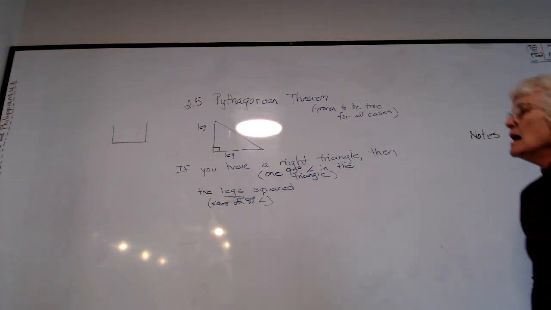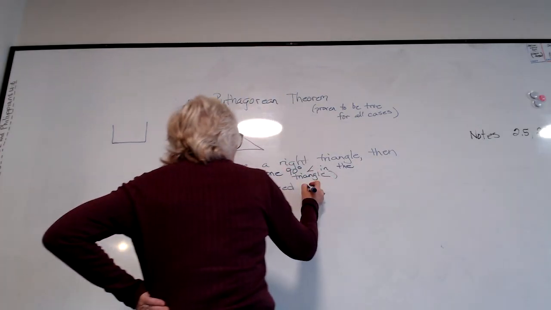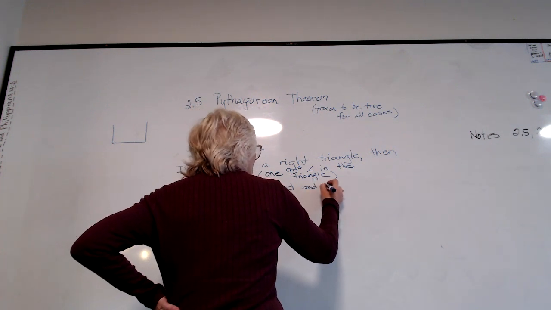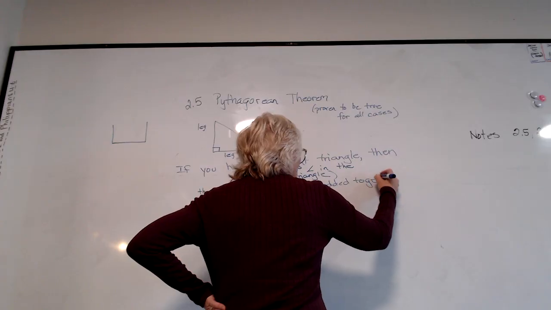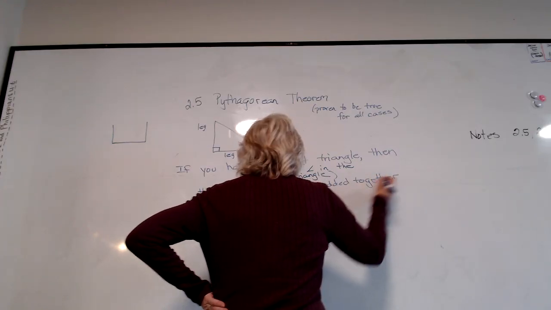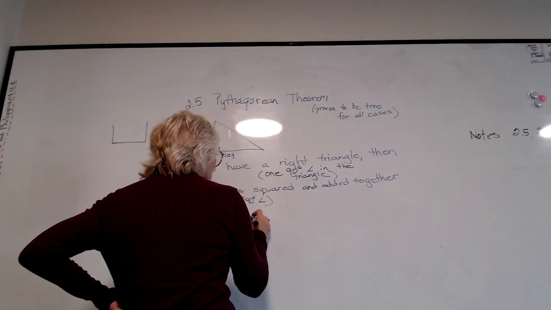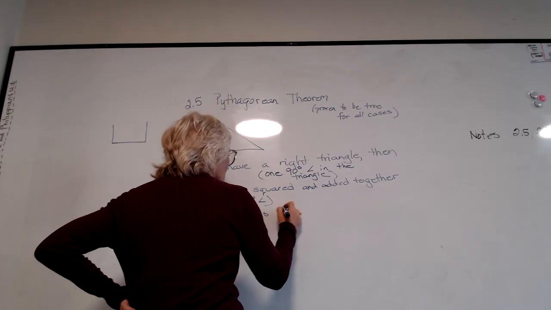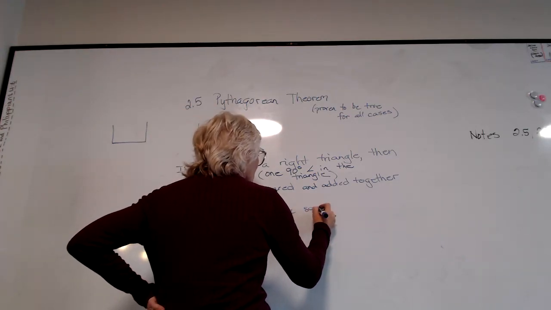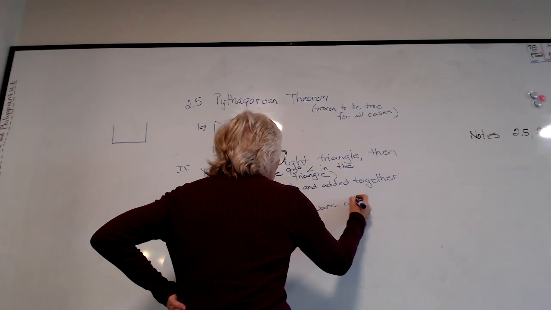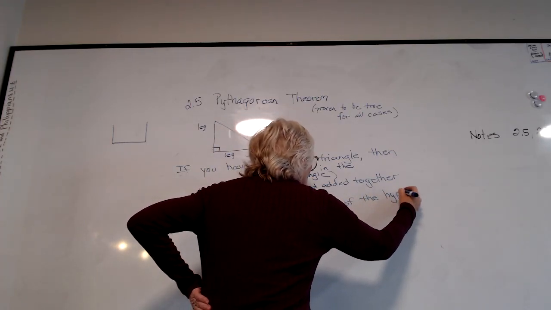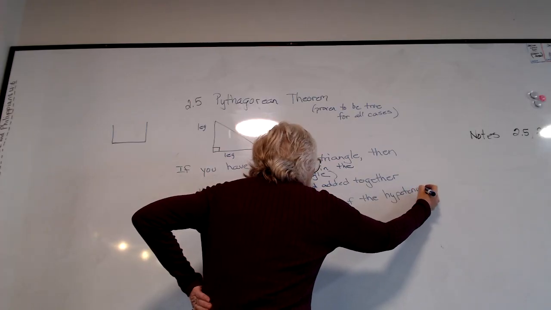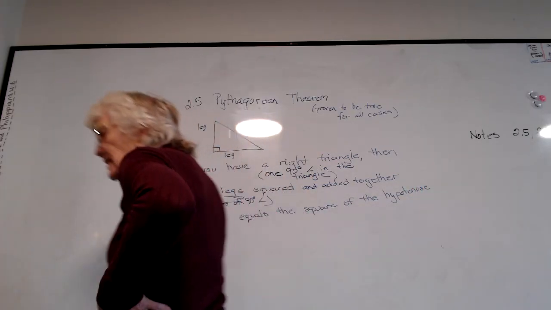Okay, squared and added together equals the square of the hypotenuse. So what is the hypotenuse?